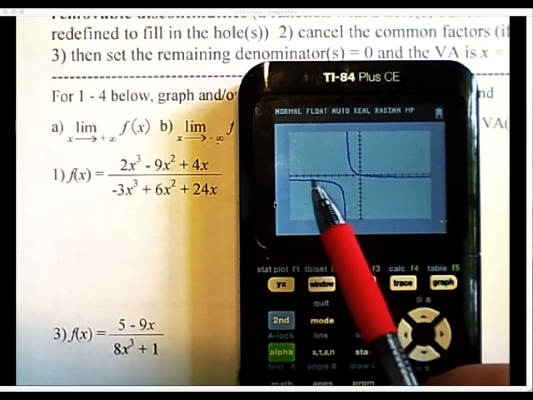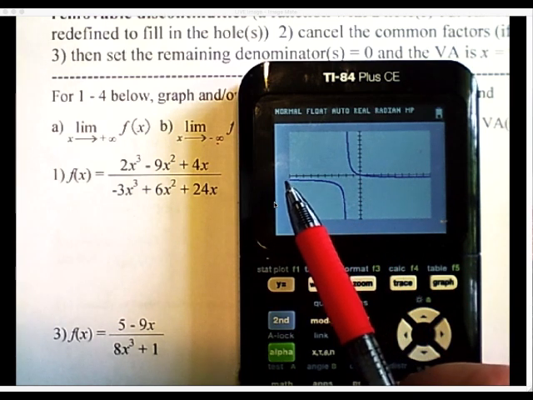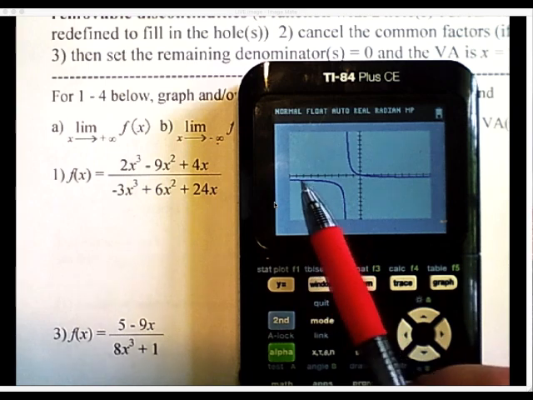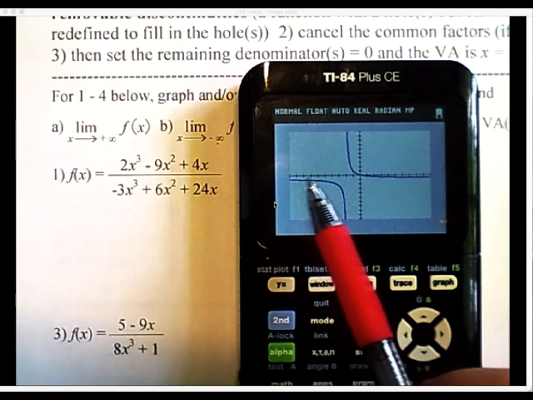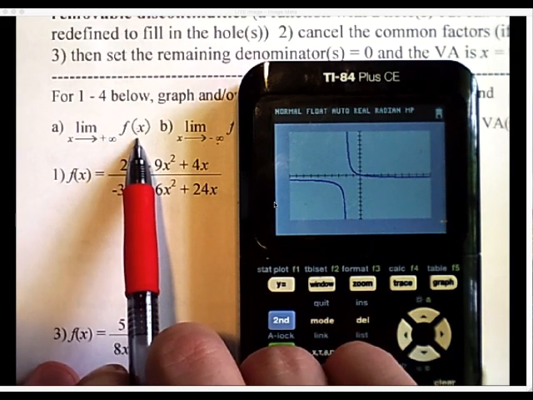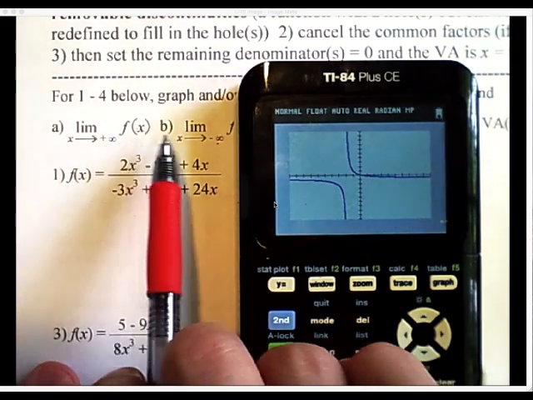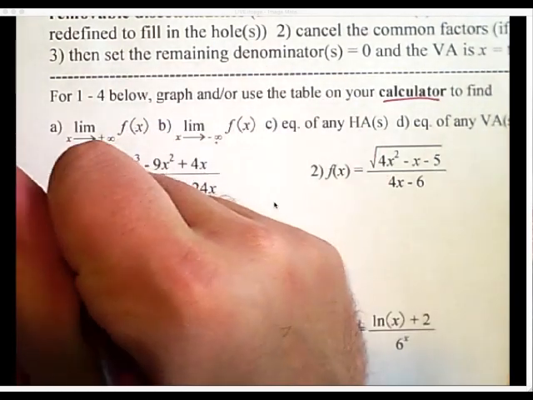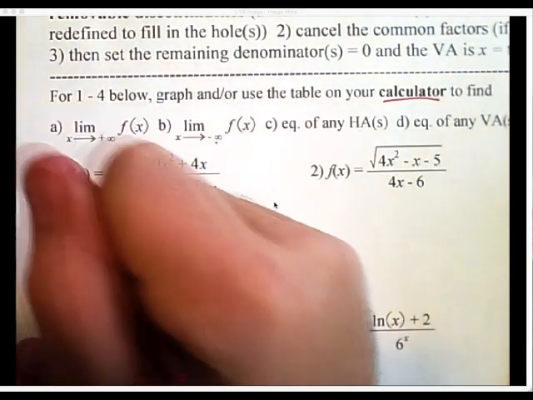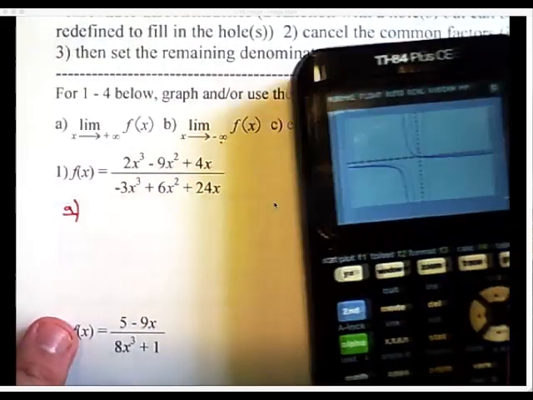And as I go towards the left, towards negative infinity, it looks like it's leveling out again. My goal in parts A and B is to figure out what value it is approaching as I go towards positive infinity and negative infinity. So let's start by doing part A.